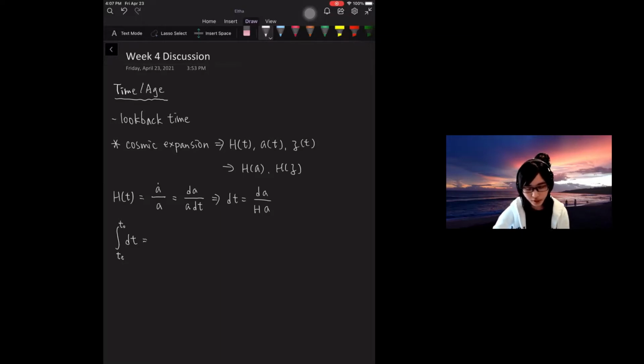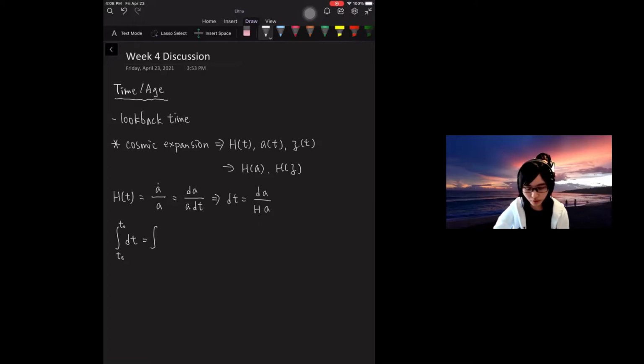But you can use this to calculate, if you want to know the time from z equals 2 to z equals 1, you don't necessarily have to integrate to the time right now. So this can be useful. And the point is always the limit of the integral.